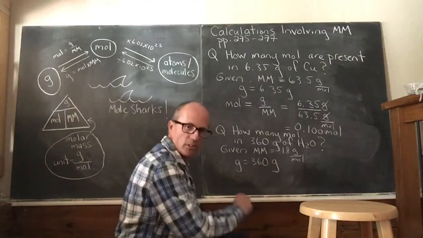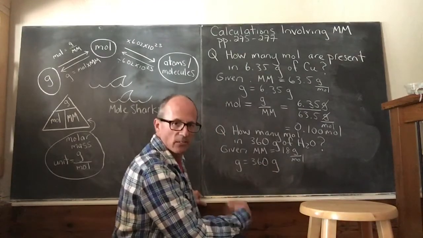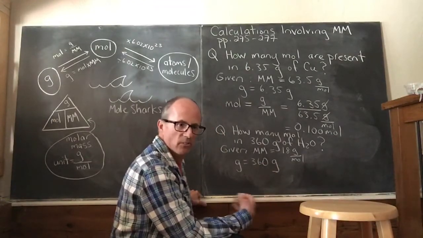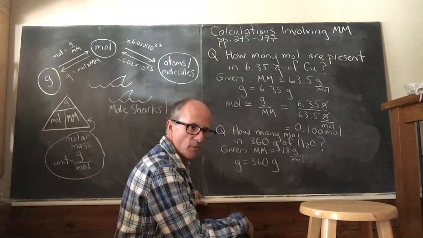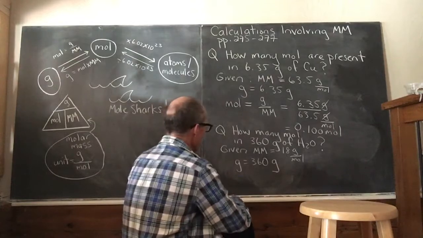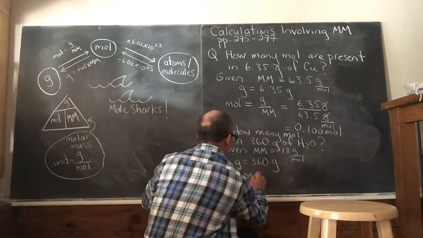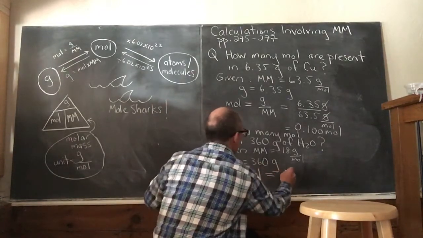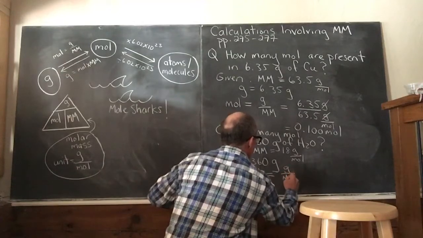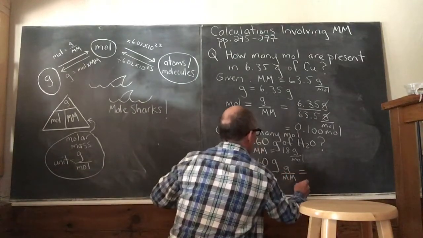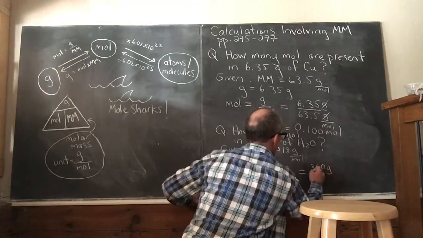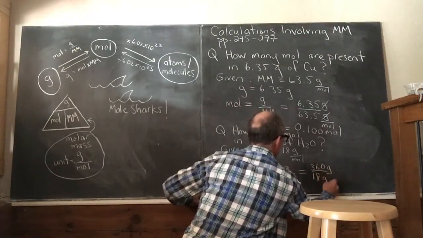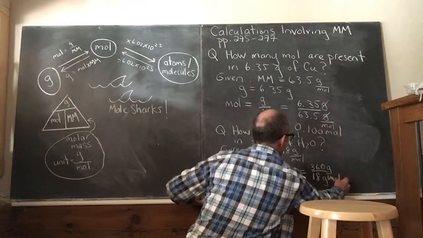Now, I chose these numbers in a very simple way again because I realize that I'm just going off the cuff here and I don't have a built-in mathematical brain like some people. So if we look at moles, we look at our triangle, that's equal to grams divided by molar mass. And of course, in this case, we have 360 grams divided by 18 grams per mole.